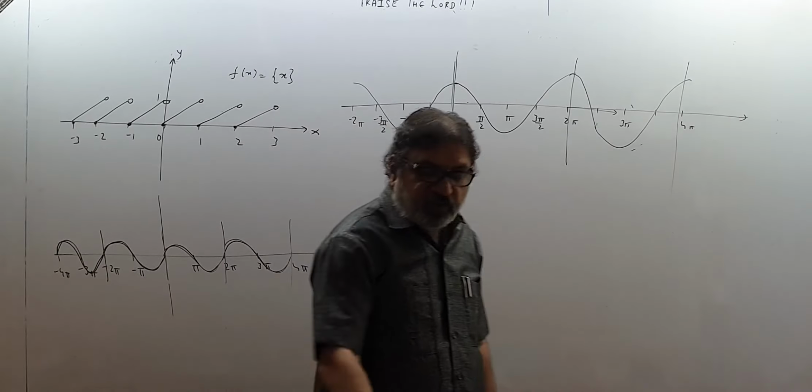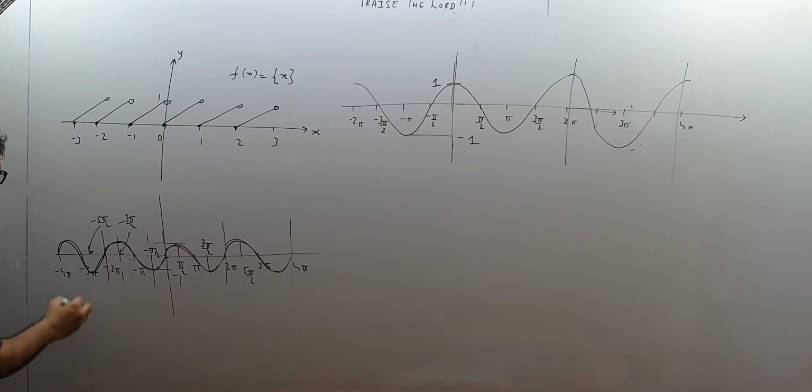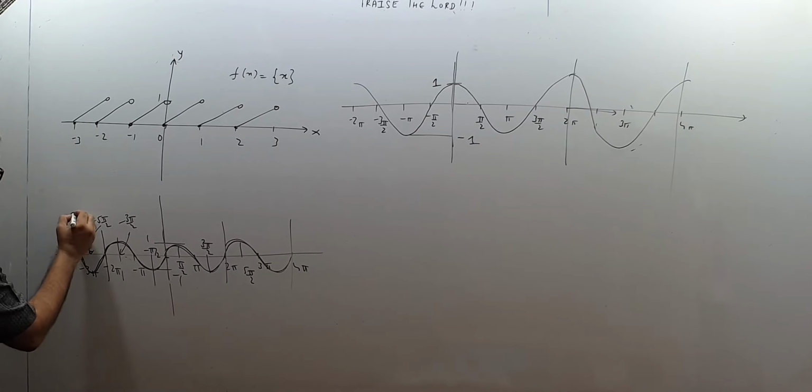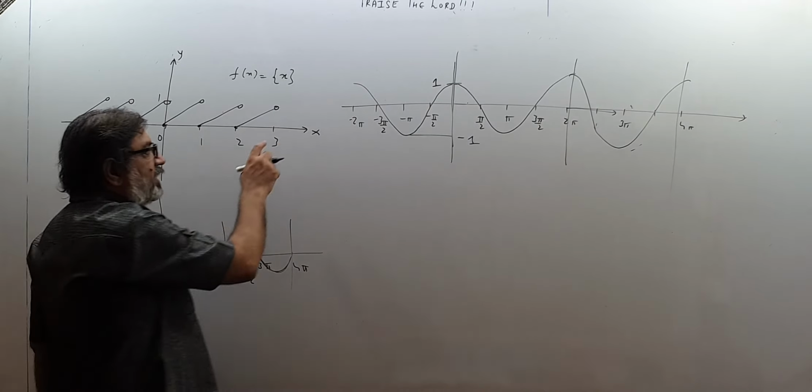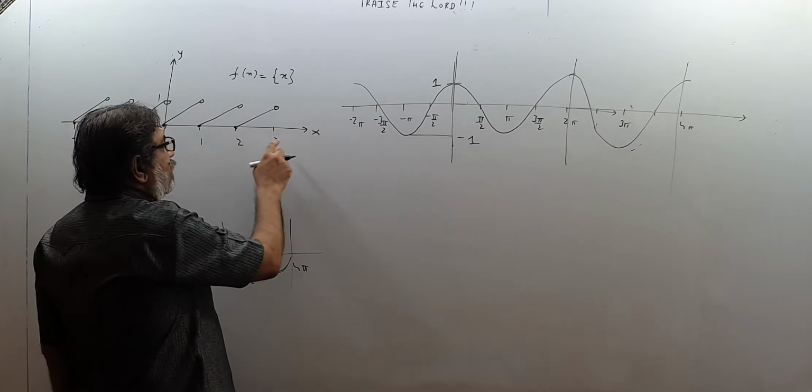And this point, this is minus 5 pi by 2. This point is minus 7 pi by 2, like this. These midpoints.